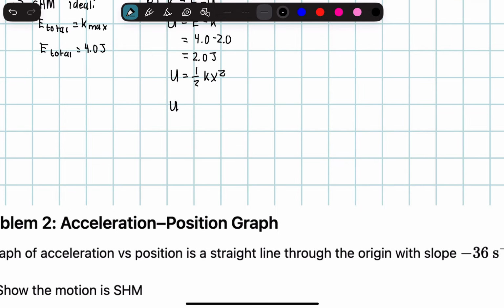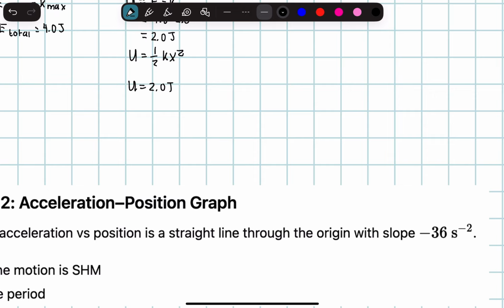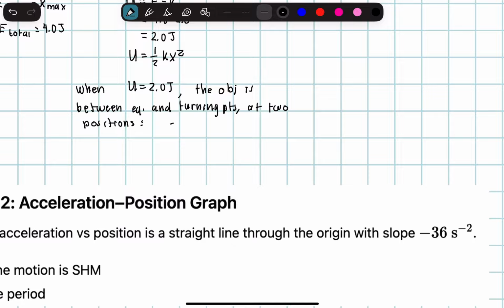So when U is equal to 2.0 joules, the object is between the equilibrium and turning points at 2 positions. And those positions are x is equal to plus or minus x.